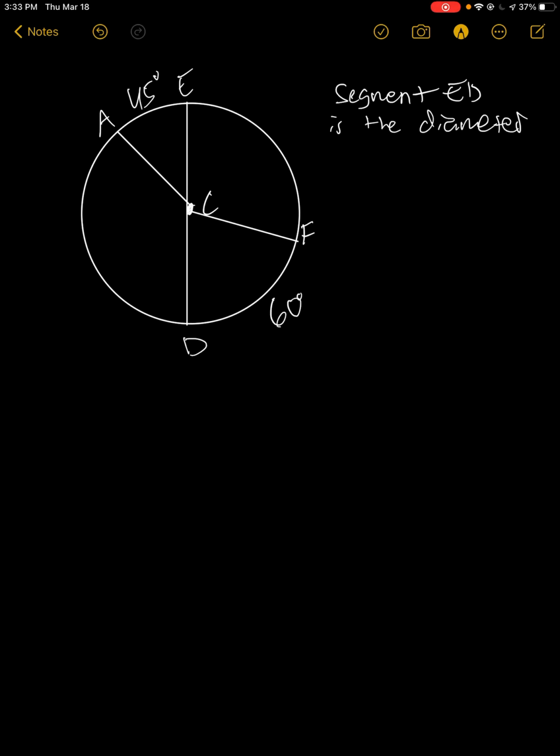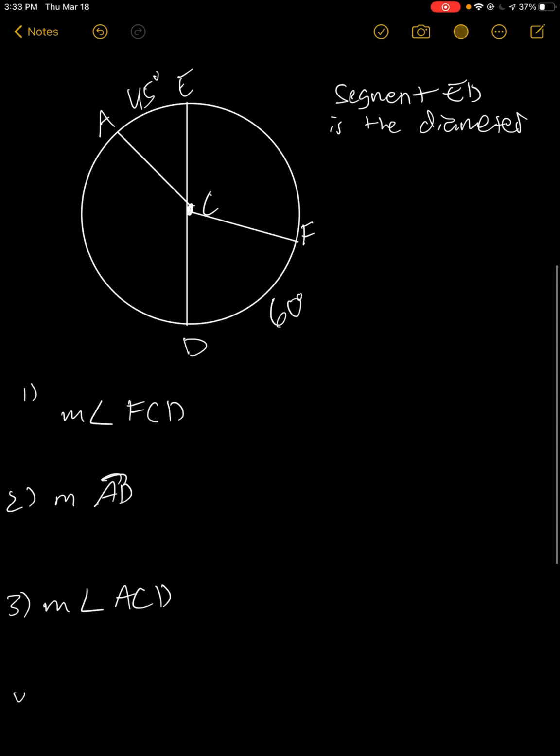We need to find 1, the measure of angle FCD, 2, the measure of arc AD, 3, the measure of angle ACD, and 4, the measure of arc ADF.